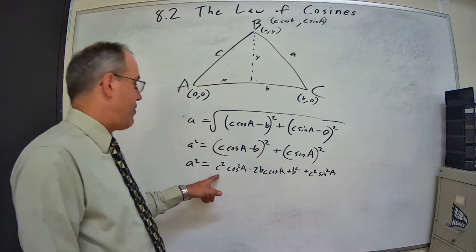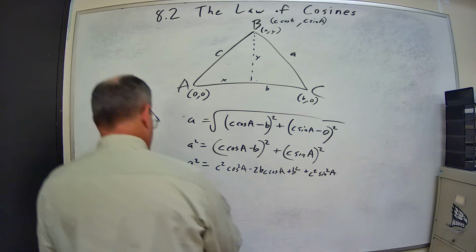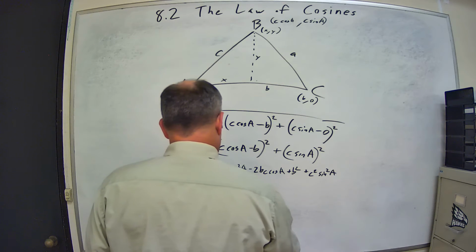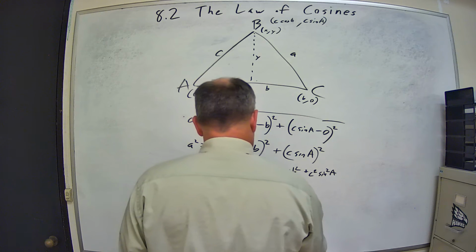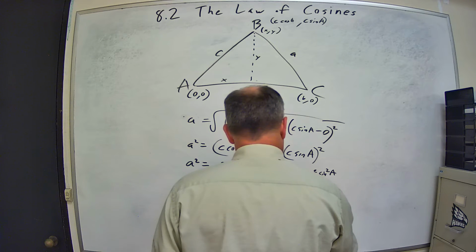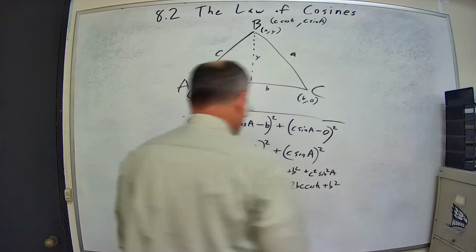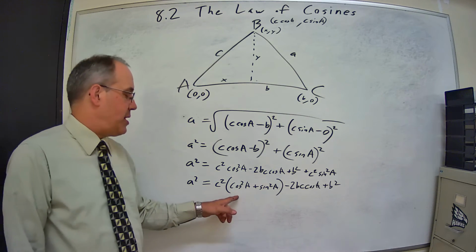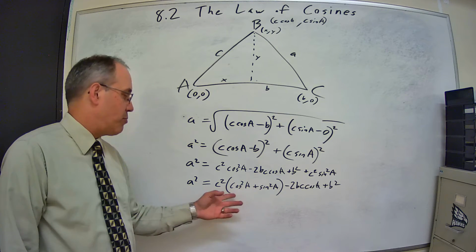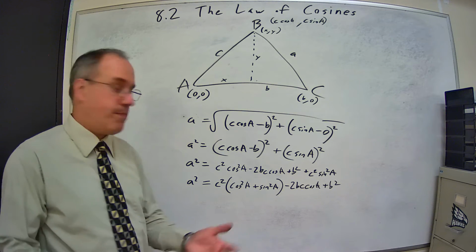Now I see that I have a common factor, c squared is common between those two. So a squared is equal to c squared times (cosine squared A plus sine squared A) minus 2bc cosine A plus b squared. And I notice that I have cosine squared A plus sine squared A, or sine squared plus cosine squared, which according to our Pythagorean identities is equal to 1.